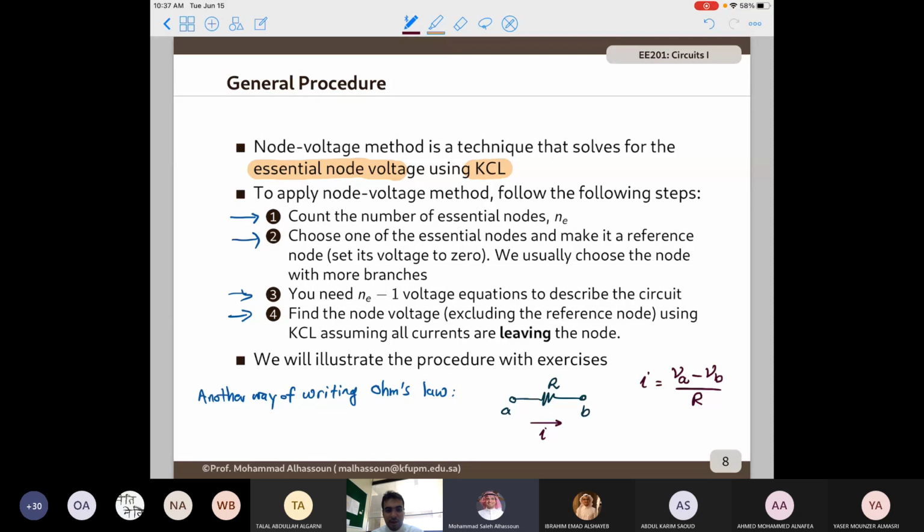So this is one way of applying Ohm's law.